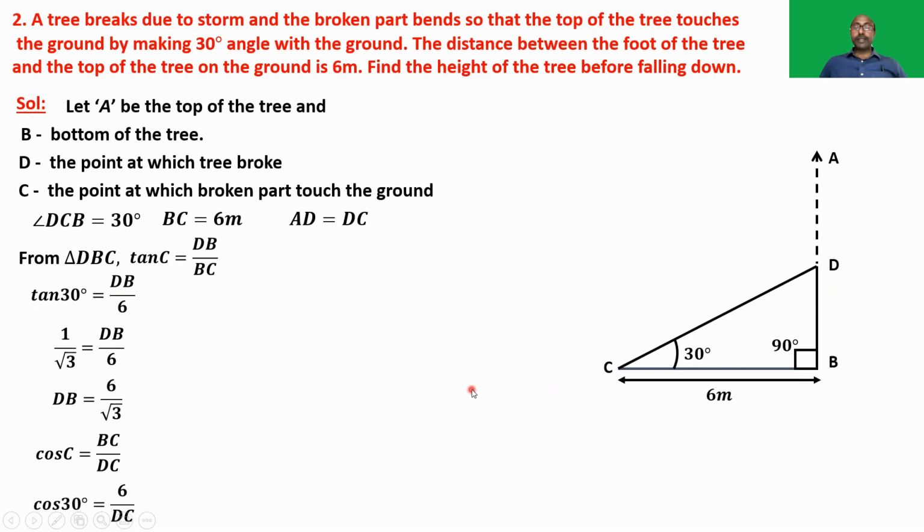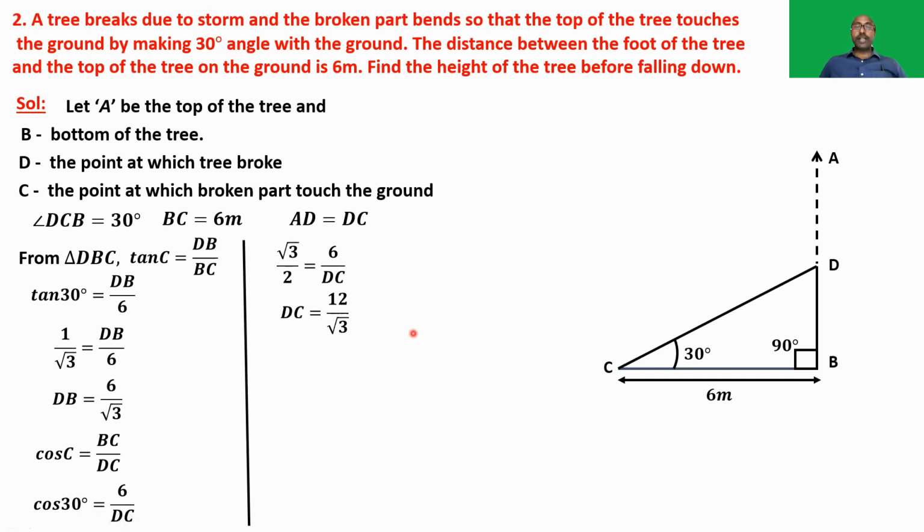So substituting C is equal to 30 degrees and BC is equal to 6. Now the value of cos 30 degrees is root 3 by 2. So root 3 by 2 is equal to 6 by DC. DC is equal to 12 by root 3.